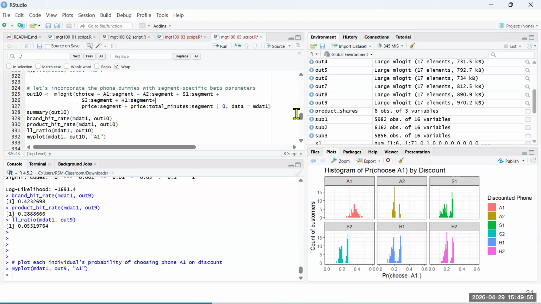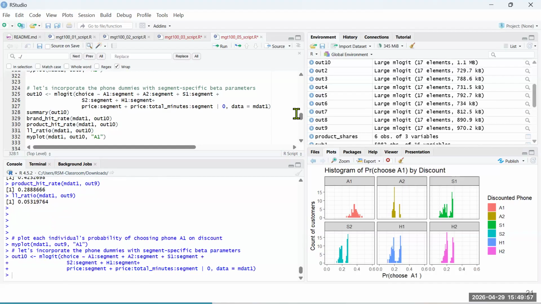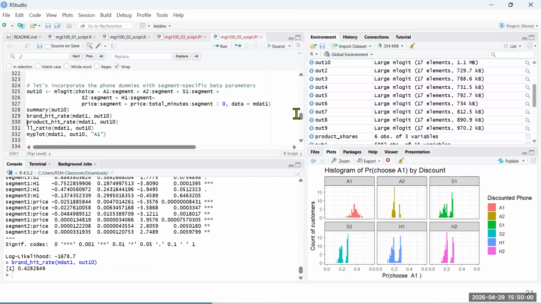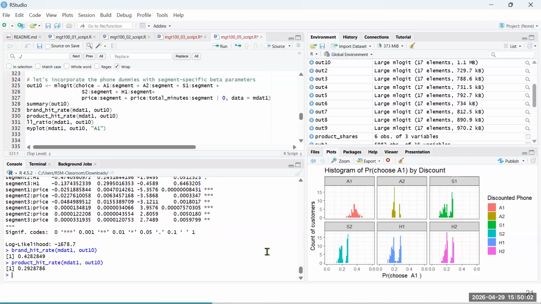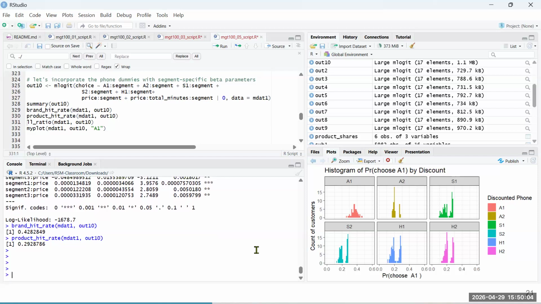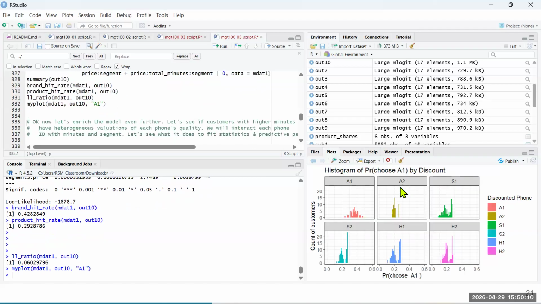And those made a big difference in our homogeneous demand modeling. And if we were to judge that using product hit rate, we're up to 29.2% in the heterogeneous demand model. And if we look at our distributions of choice probabilities, it looks like they're becoming the most diffuse that we've seen yet.